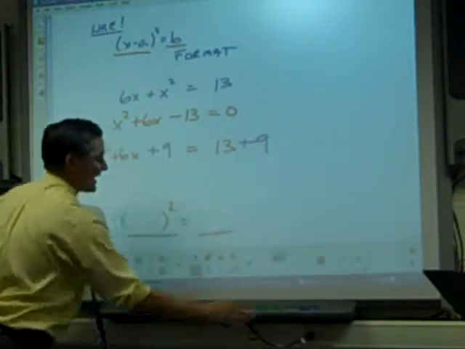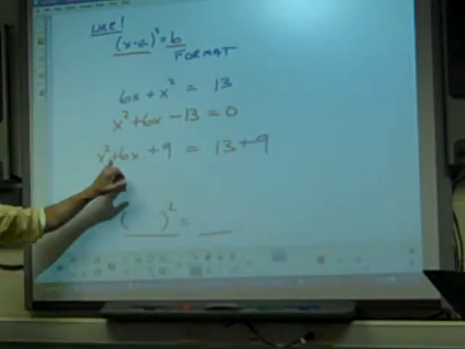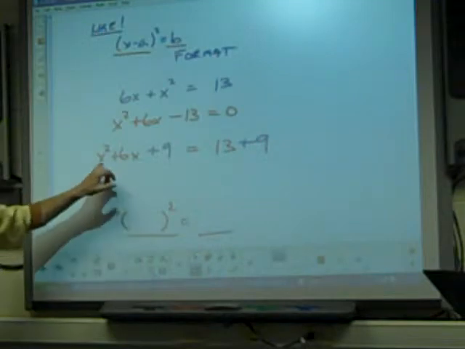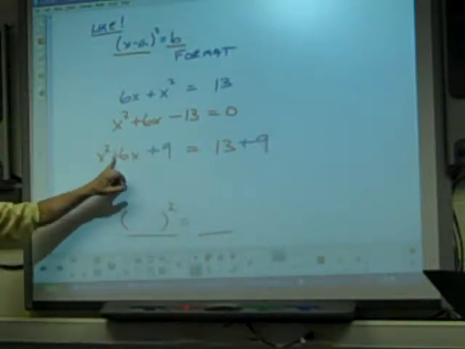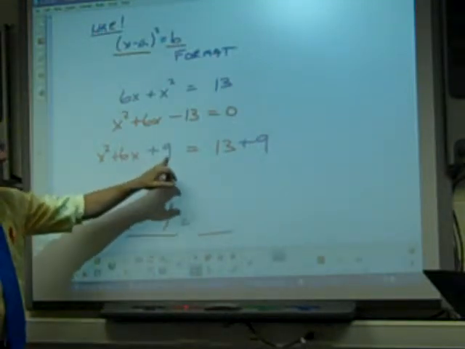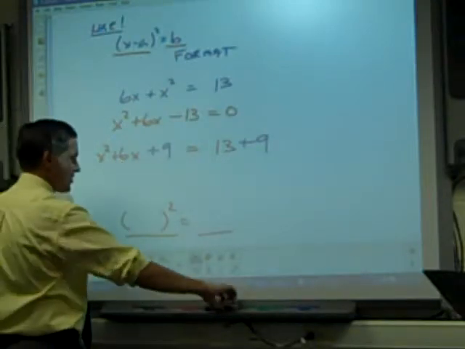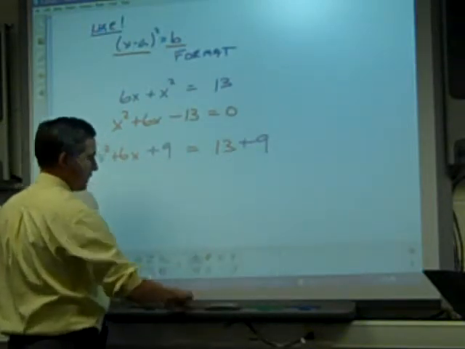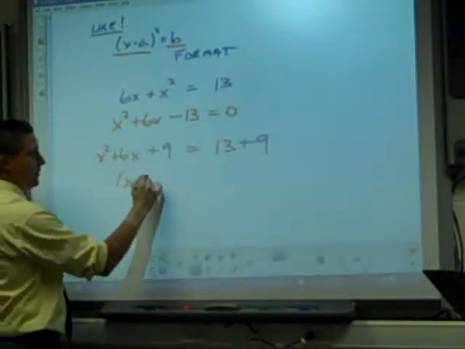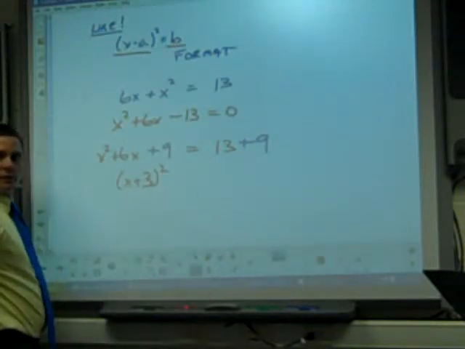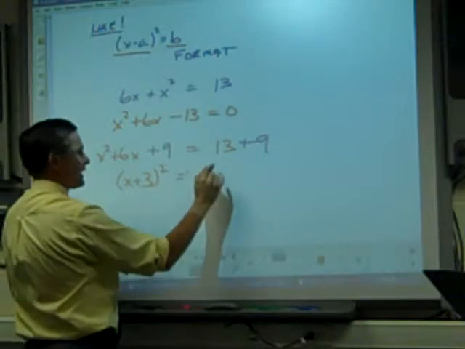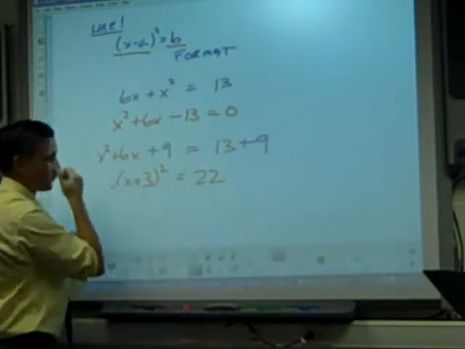And by doing that, I have now created this, I've completed the square. So that I have the product, 3 times 3, and I have the sum, 3 plus 3. So I can change this to x plus 3 quantity squared. And then you get the other side, and 13 plus 9 is 22.